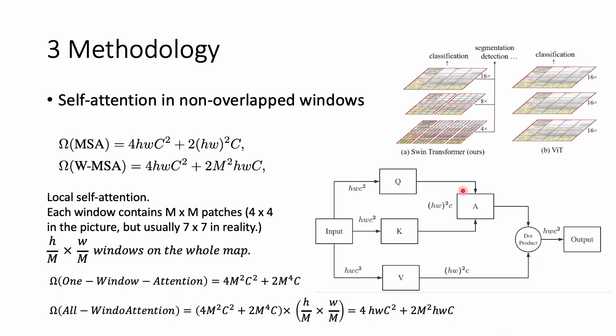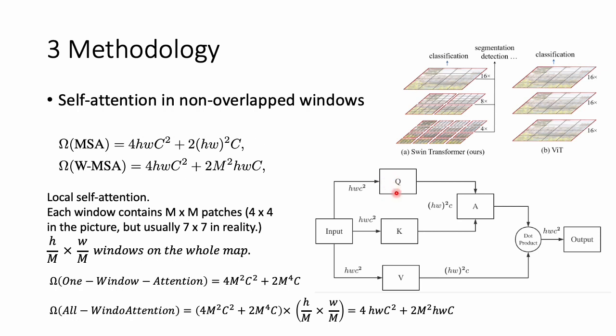Here, I show the details about how to count the computational cost of one vanilla MSA. The input is of size h by w by c. It will multiply with matrices WQ, WK, and WV. The WQ, WK, and WV are all of C by C. Therefore, these 3 multiplication costs are 3HWC².